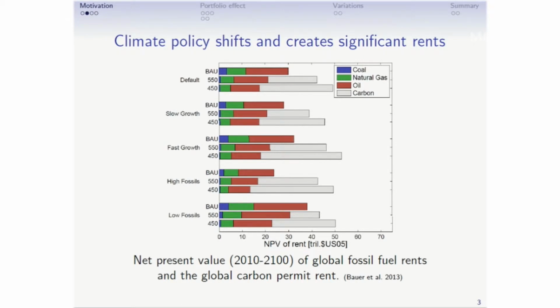this graph is to show you that climate policy does entail significant shifts and increases in rents. This is a graph from a study by my colleagues at the Potsdam Institute, and it shows the net present value connected to fossil resources over the century and how it is affected by different climate policies of different stringency. And there are two things to see in this graph.